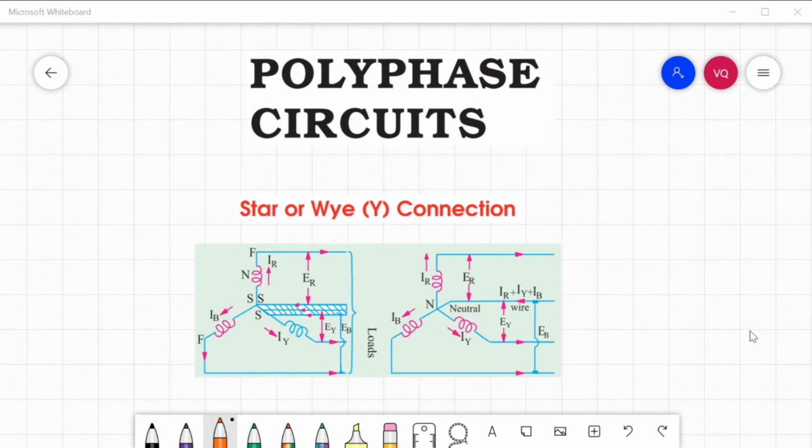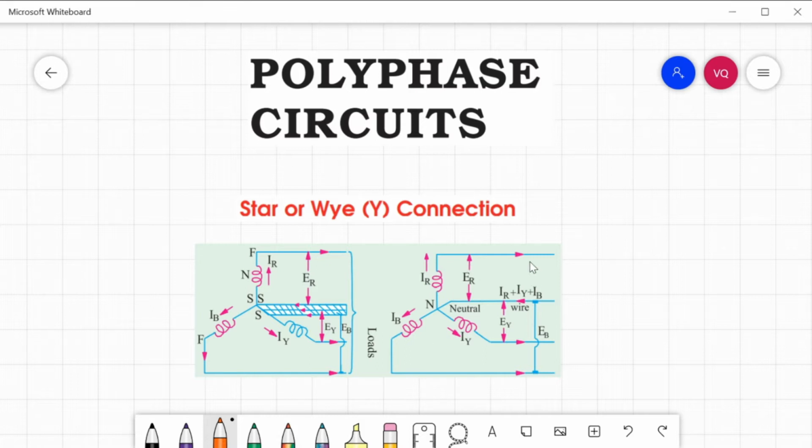The neutral wire in that case may be omitted, although its retention is useful for supplying lighting loads at low voltages. The potential drop between any terminal or line and neutral or star point gives the phase or star voltage, but the potential drop between any two lines gives the line-to-line voltage or simply the line voltage.